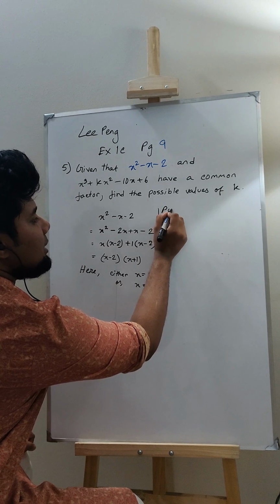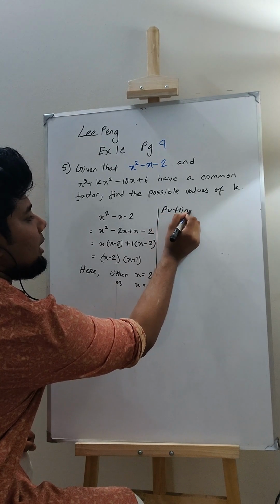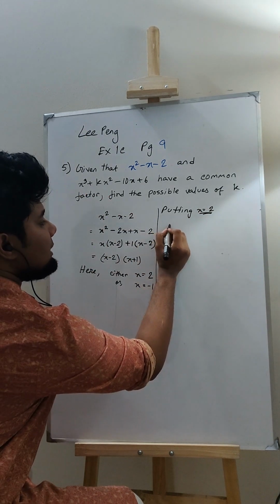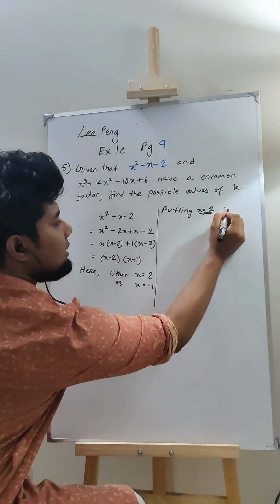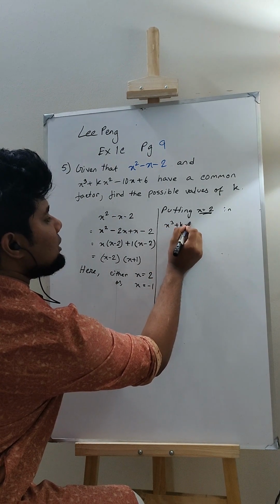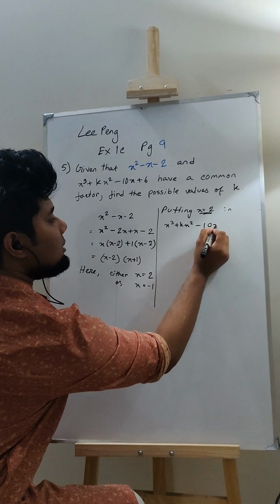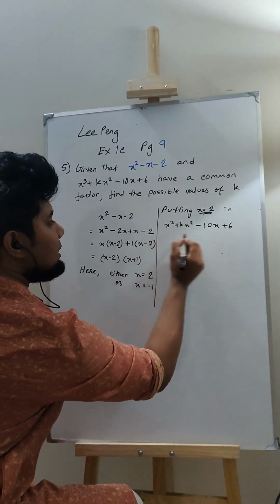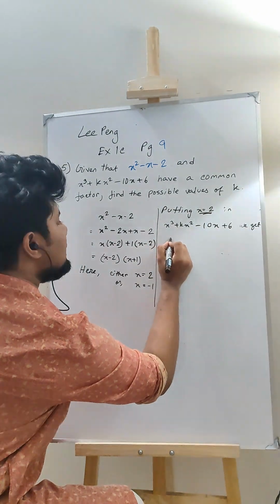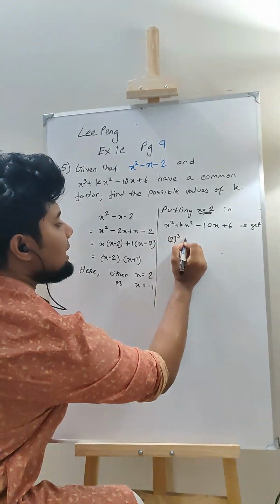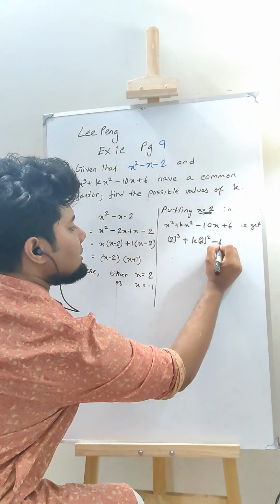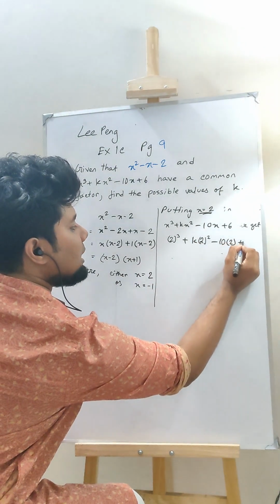So putting x equals 2, I can write it here for the whole expression. That will be easier for you to understand. We get, if you put 2 here instead of all the x's, 2 cubed plus k times 2 squared minus 10 into 2 plus 6.